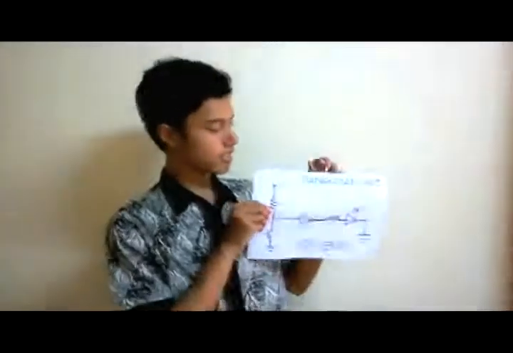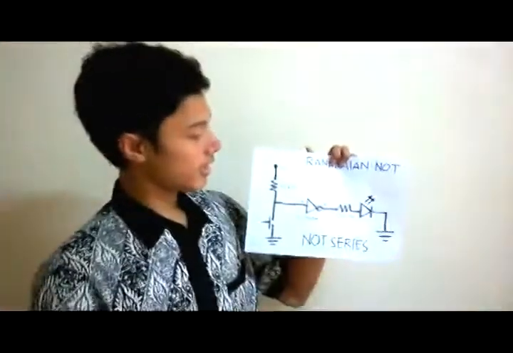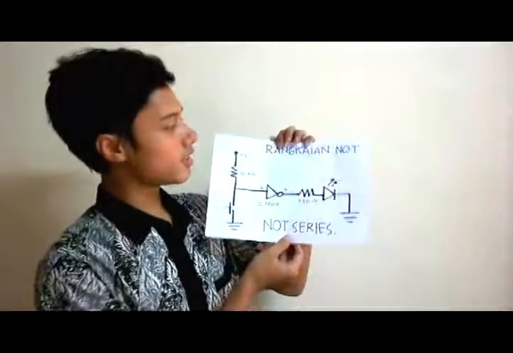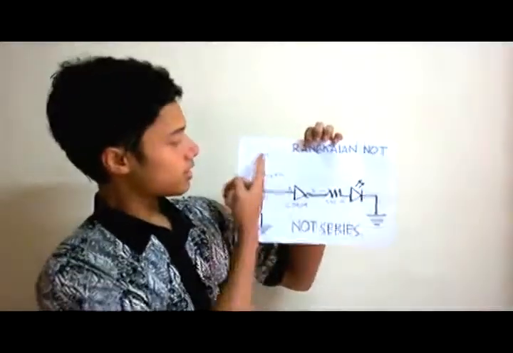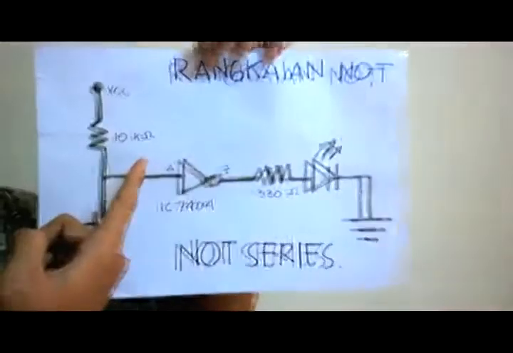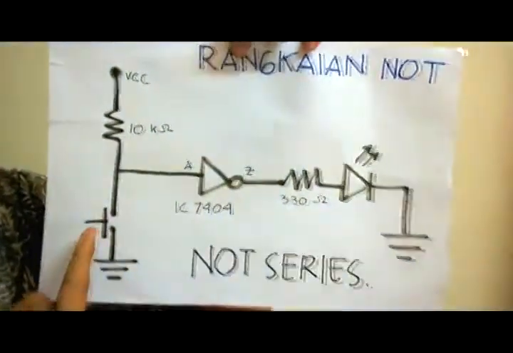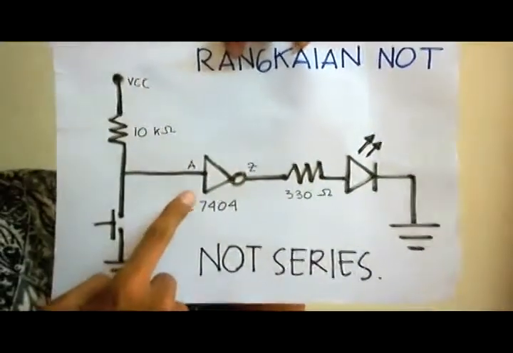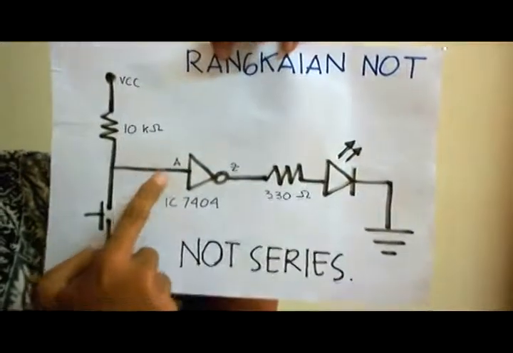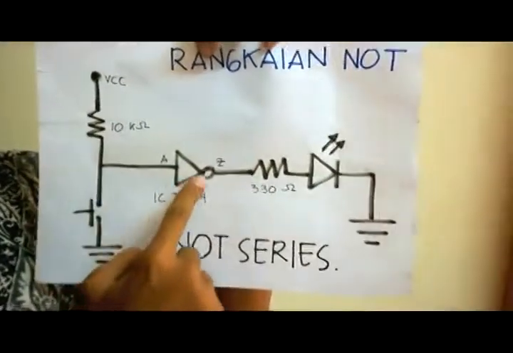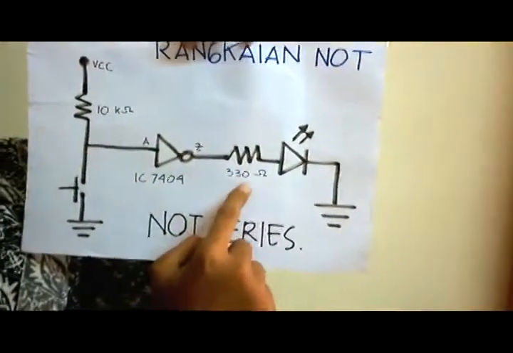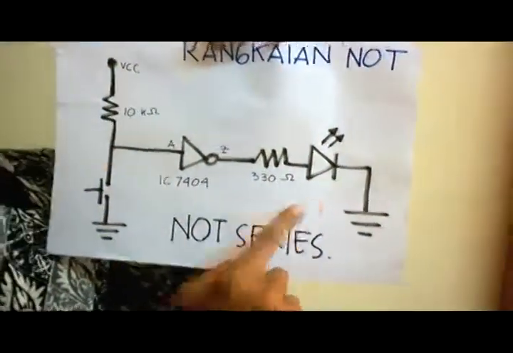Number 3 is the NOT logic gate. It's a little bit different from the other logic gates. Here is the source, a 10 kilo ohm resistor, and then one push button here, and ground. The NOT logic gate just has one input and an output here, and a 330 ohm resistor and LED light.